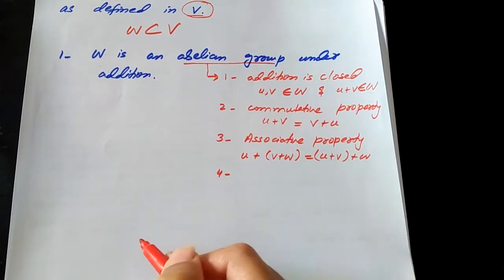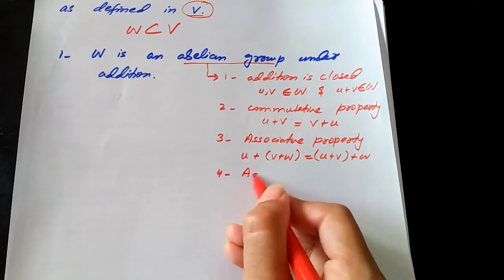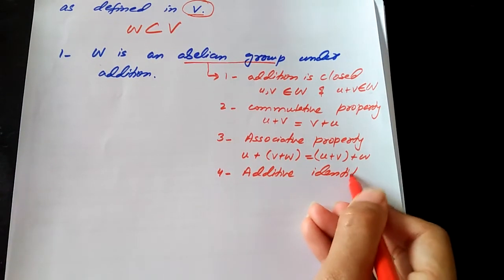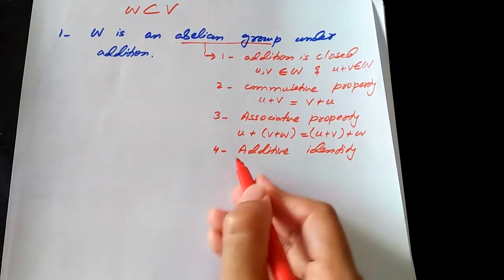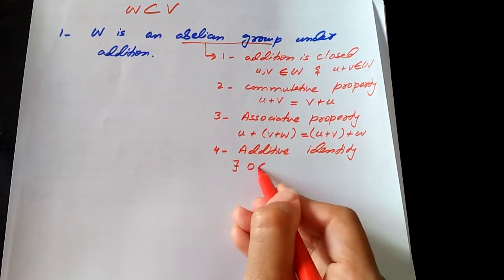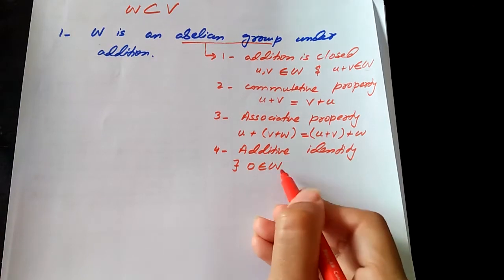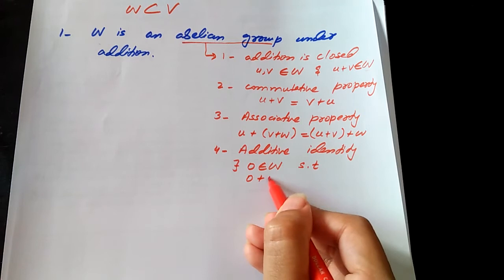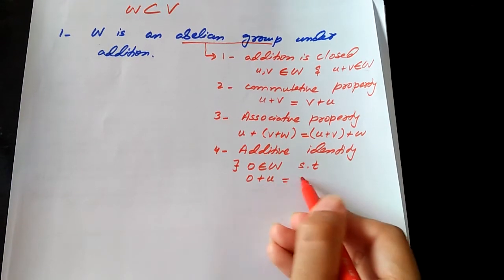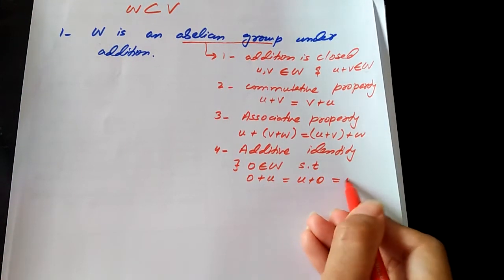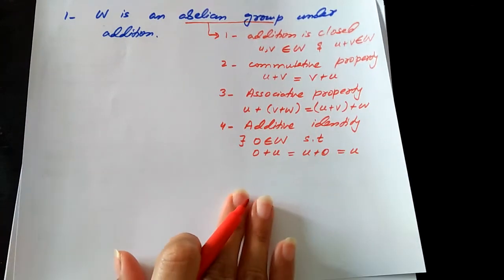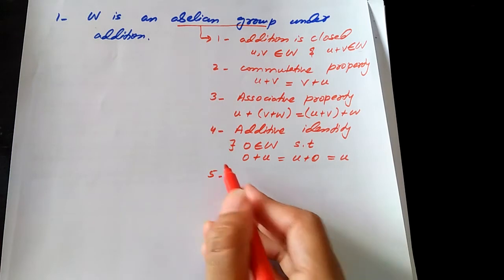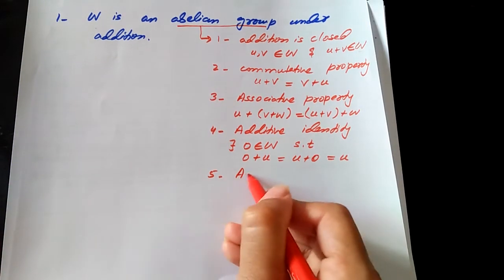The fourth property is additive identity. For additive identity, there exists 0 in this given set W such that if you add it with any vector from this W, it will give you the same vector U. Now the fifth and the last property is additive inverse.